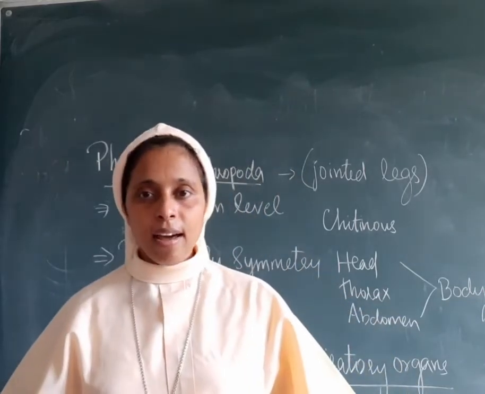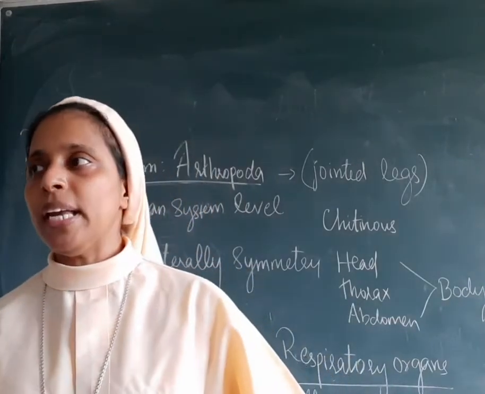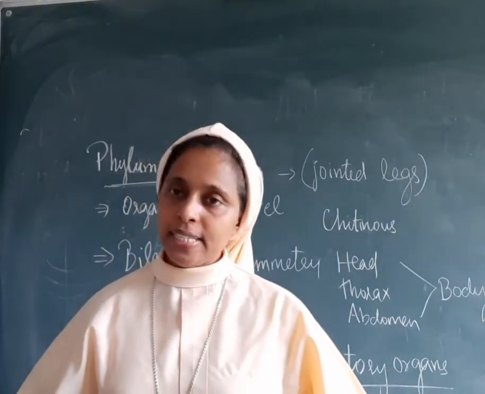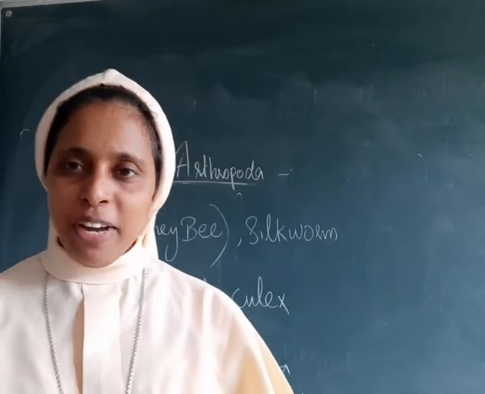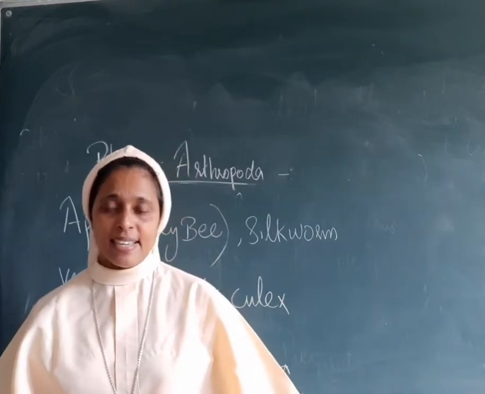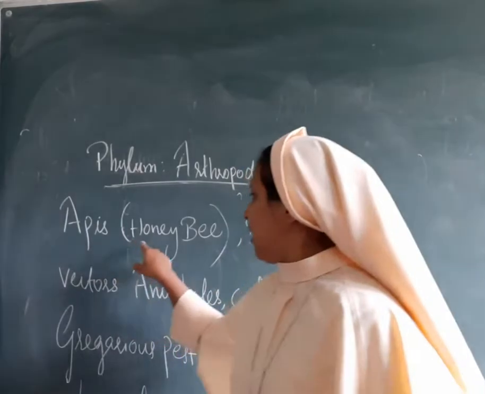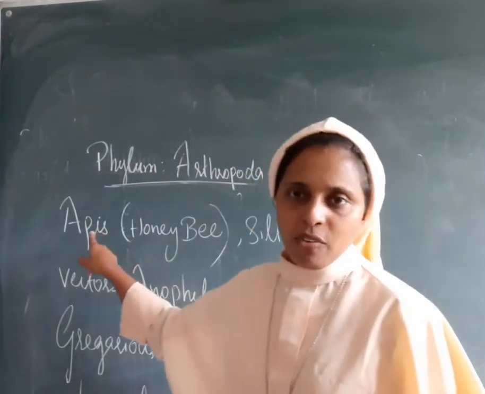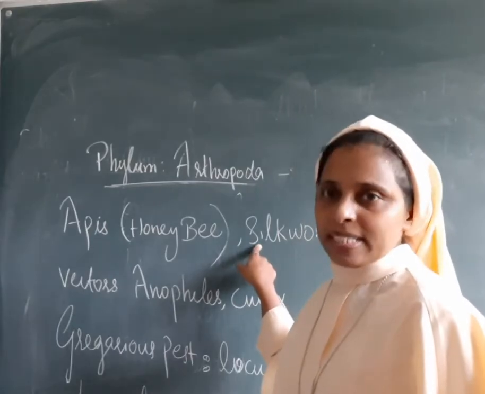Then there are economically important pests or economically important insect species. Let us learn about that. In this phylum there are some economically important pests. They are aphids, honeybee, whose scientific name is Apis, then the silkworm, Bombyx mori.